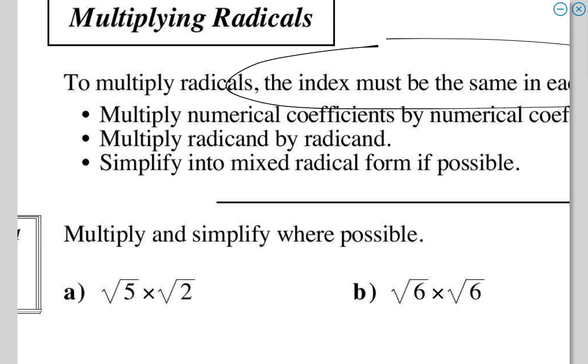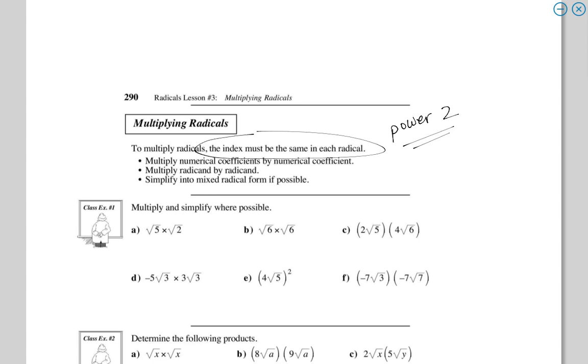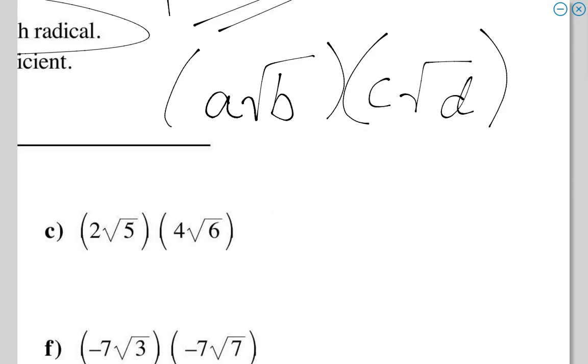Radicand by radicand. I'll just jot that down for you on the side here. This is what it looks like. If you had a root b, and then you multiply that by c root d, what do you think goes together? A and the c, good, and then b and the d, good.